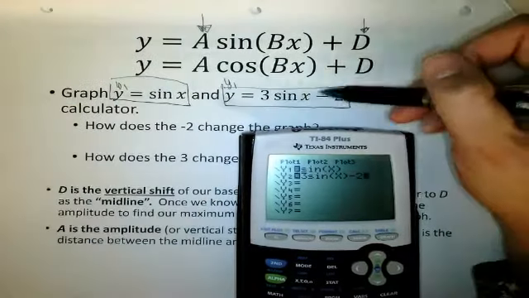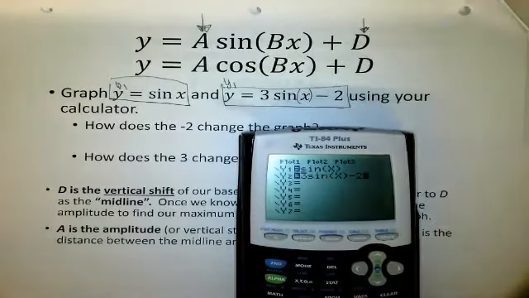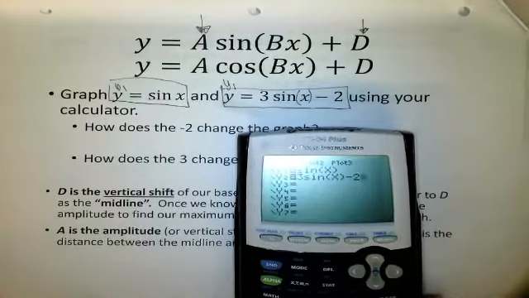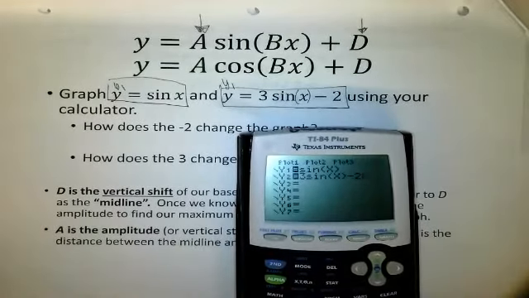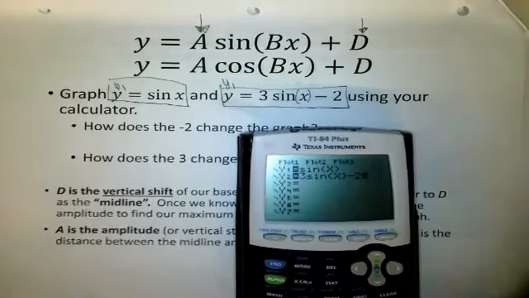You'll notice that the parentheses are just around the X and not the X minus 2. Very important. What do you think is going to happen? What do you think that minus 2 is going to do to the graph? It's going to shift it down.